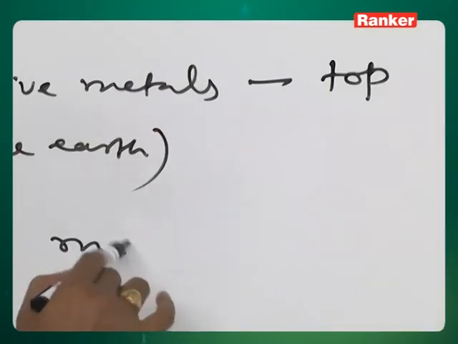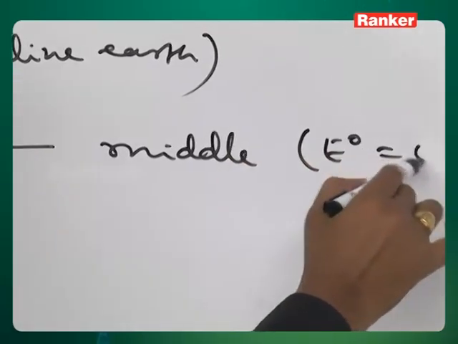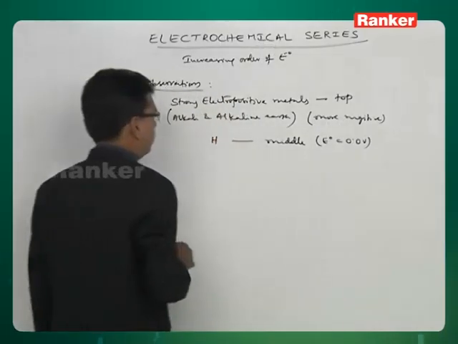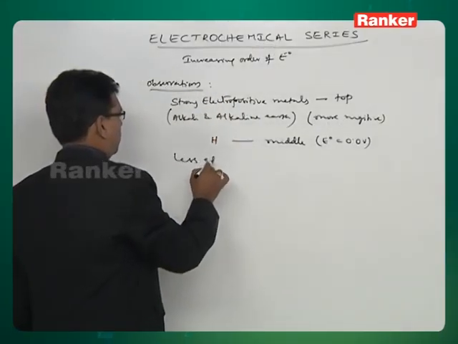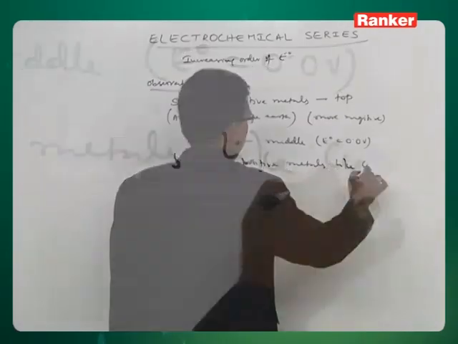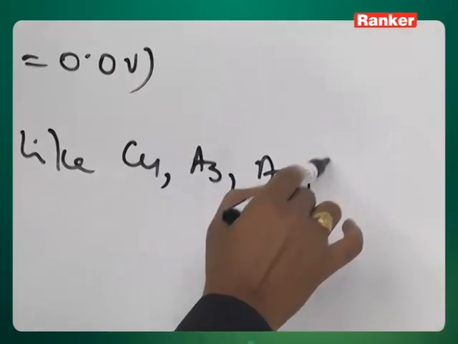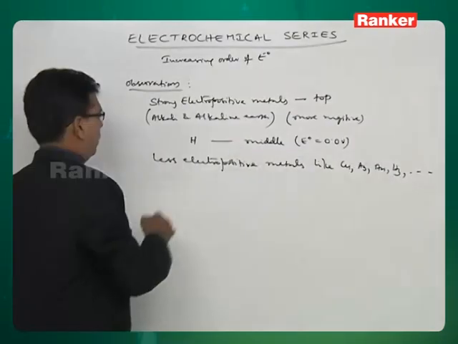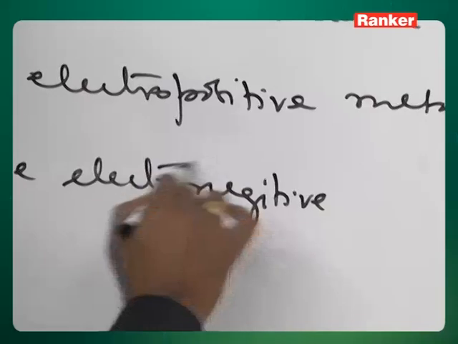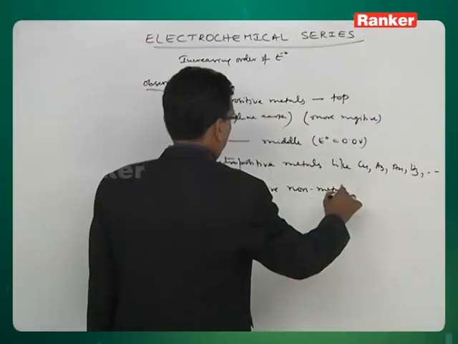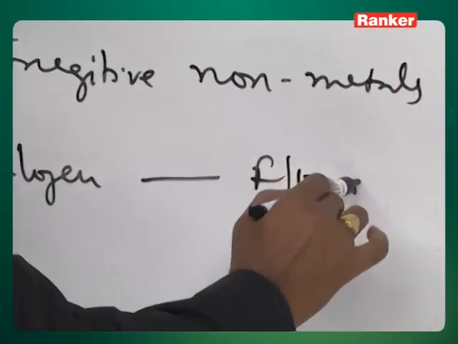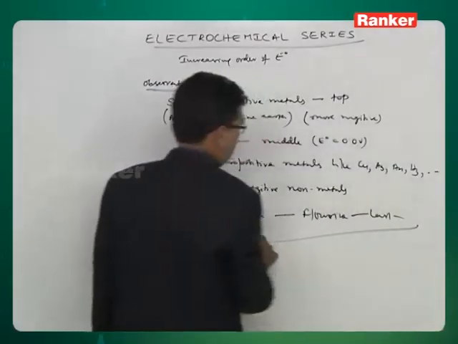Hydrogen is in the middle, with E naught 0; the ones above have more negative values. Then this is followed by less electropositive metals like copper, silver, gold, mercury, etc. Then more electronegative non-metals, and finally halogens, with fluorine last. This is the sequence.